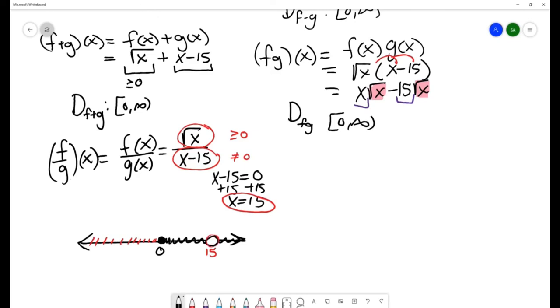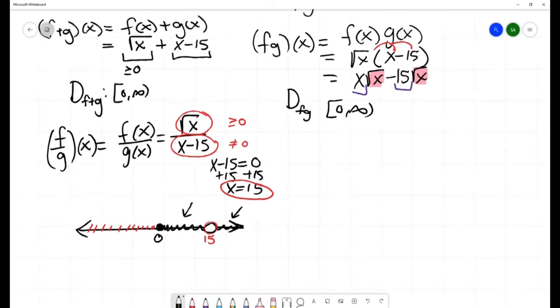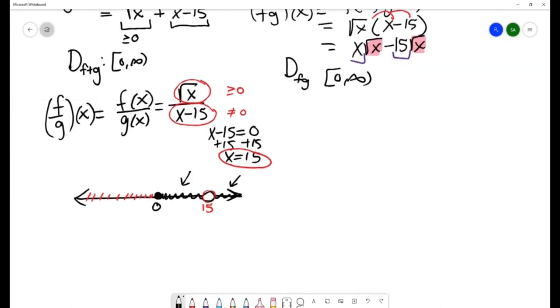And because we had to exclude 15, that gives us two separate shaded regions, and we're going to write down those intervals for our domain. So this interval here begins at 0 and goes to 15, and 0 can be included, so we're going to put a bracket, but 15 cannot.